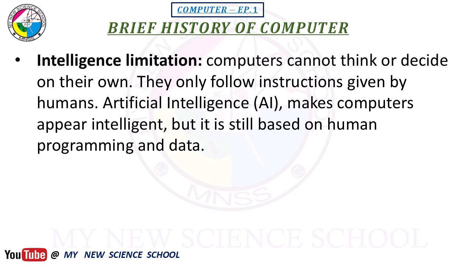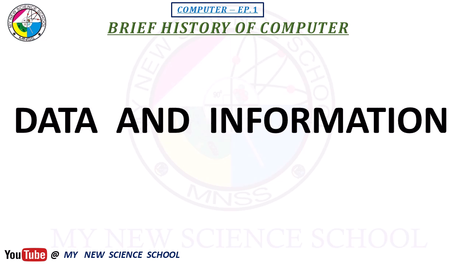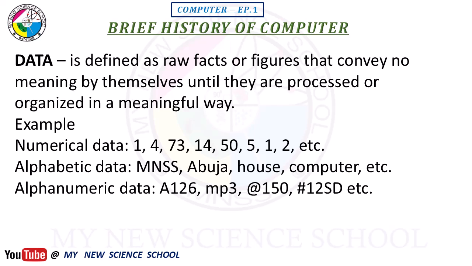So now let's move to the next chapter, which is data and information. Data and information are two terms that often confuse many students. So today you will know the difference between the two, and also be able to give examples.